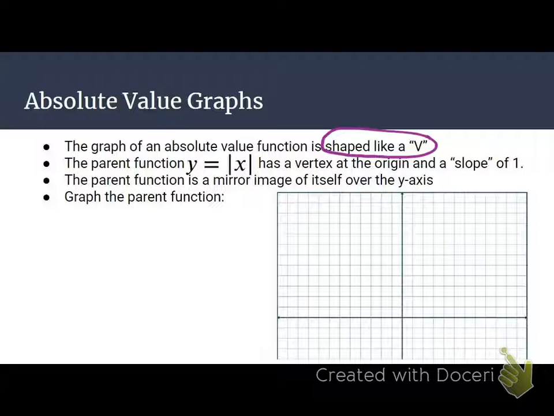The parent function of y equals the absolute value of x has a vertex at the origin and a slope, we call it, of 1. The parent function is a mirror image of itself over the y-axis.